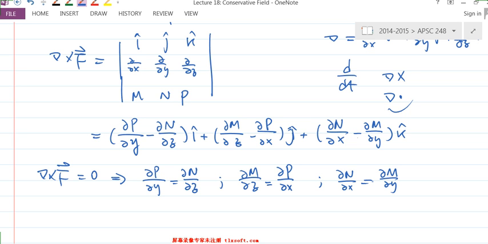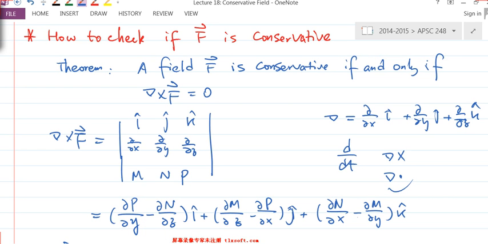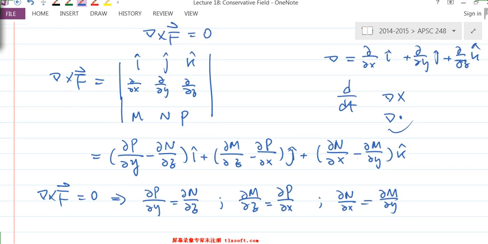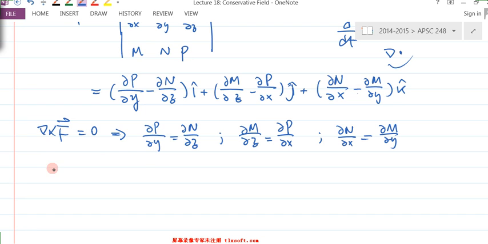This is what this theorem is basically implying here. Is that good? So let's revisit this language. A field is conservative if and only if this. Mathematically, what this means is that when you're trying to prove this theorem, you need to prove 2 parts.